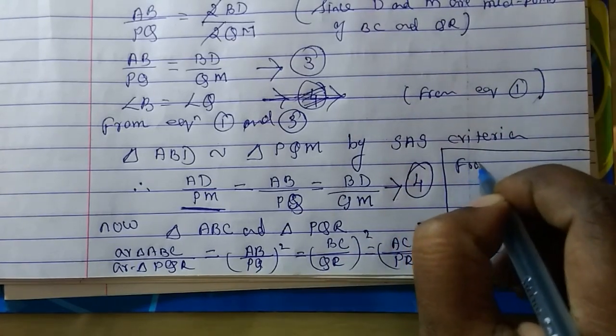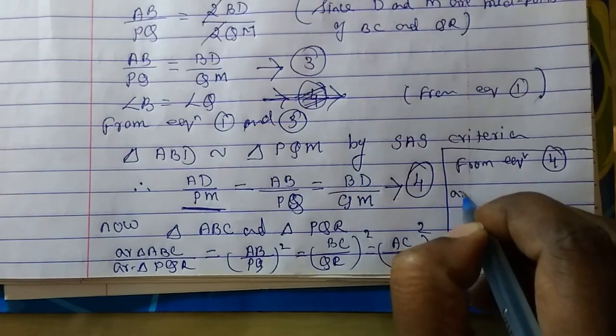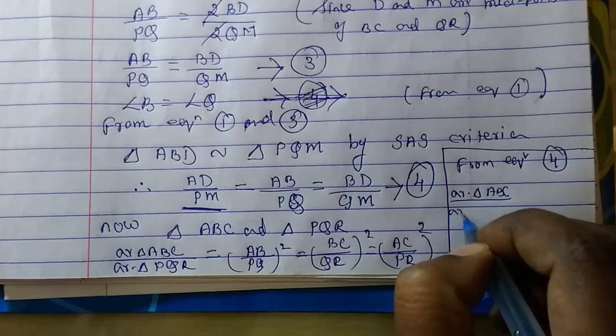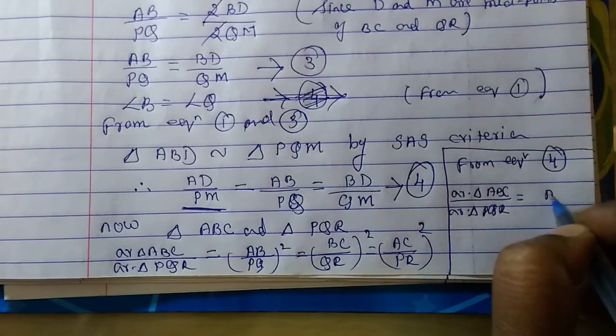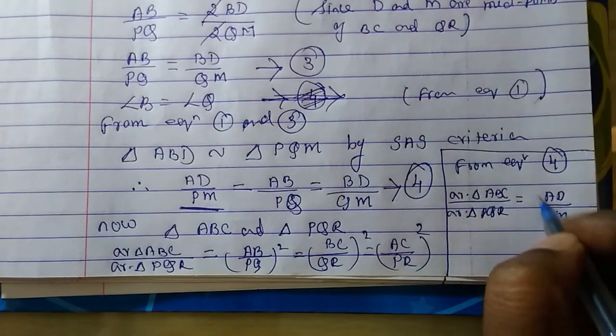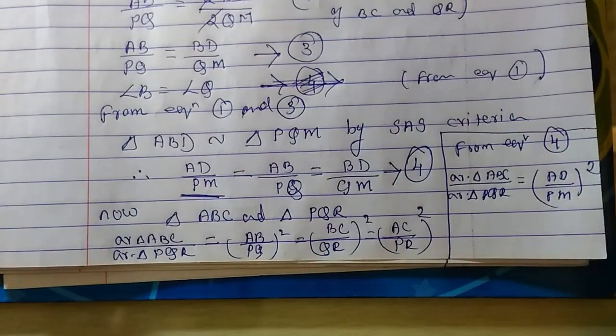So from equation 4 we get area of triangle ABC upon area of triangle PQR is equal to AD upon PM whole square. So I hope it is clear to you.